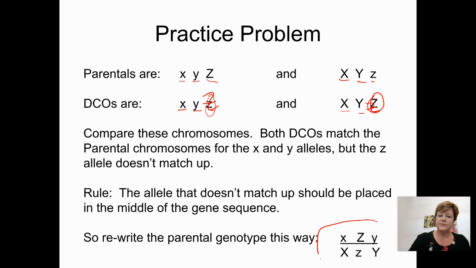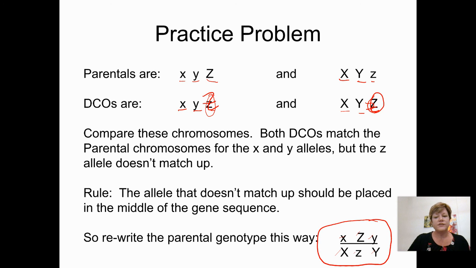So when we rewrite the parental genotype, it doesn't matter which chromosome I list on top and which one I list on bottom, but my parentals with the correct order would go little x, big Z, little y, and then big X, little z, big Y. Now, it does not matter if the Y and the Z are switched, but most people would just keep as much of it the same as what was given in the problem and just make the minimum amount of changes in order to create the right gene order.